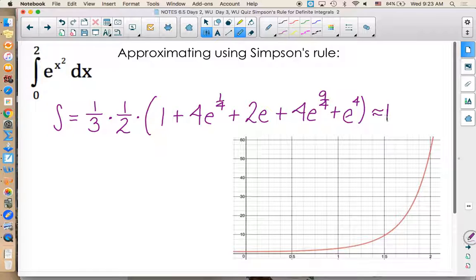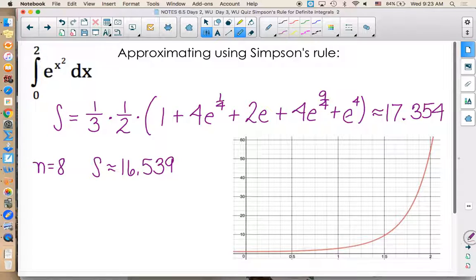And that comes to around that. Now, without making you go through and do this, if I had picked 8 subintervals instead, and you can see where that would get a little obnoxious and a little tedious, I would have come up with a Simpson's rule estimate of about 16.539.